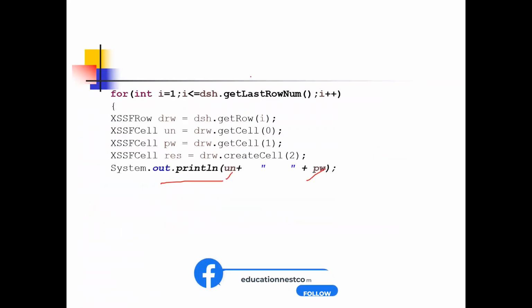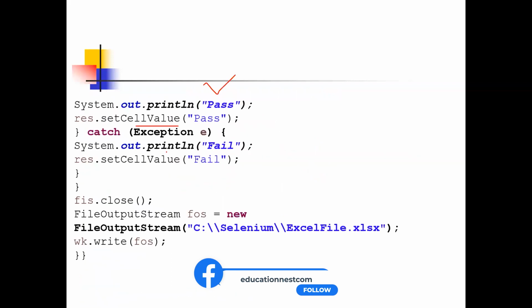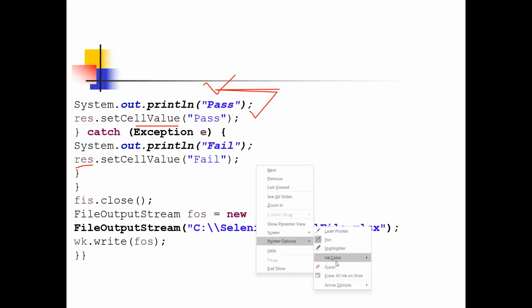For that I have to use the create cell command with cell 2. Cell 2 is represented by res. Here I want to write pass. Remember, res is the reference, and here I want to set the value pass. Now it can be fail also, but fail when there is any problem.